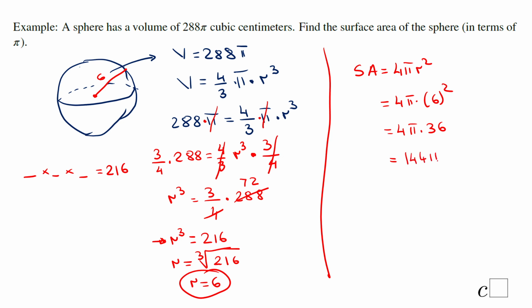And if you notice, this problem is nothing else than the first problem or the second problem in this lesson, just backwards. We know the volume, we need to find the surface area. And by the way, here you may need this cubic root if the number is not a perfect cube. But in this case, it's a perfect cube.